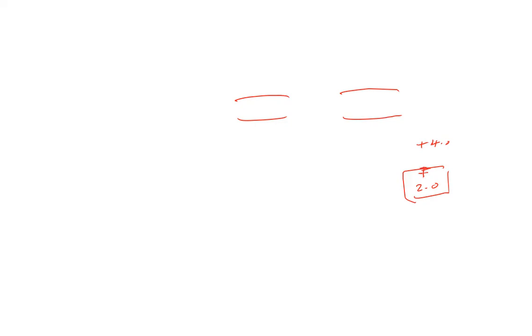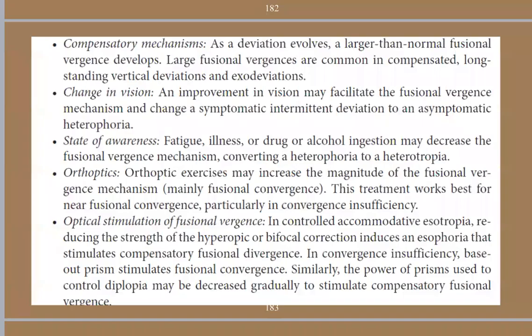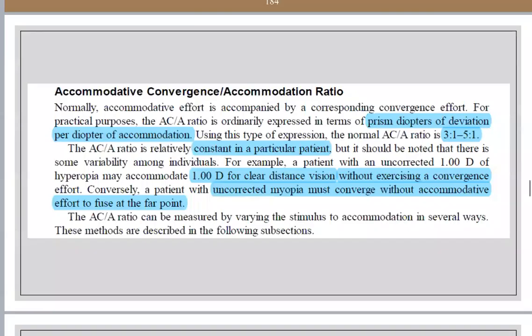This will induce some convergence for this patient, because this patient will accommodate in order to see, and this convergence will induce the fusional divergence power. So this will be exercising, this will be increasing the fusional divergence power. So this is important in patients. But I don't say that if you have cycloplegic refraction for a patient with accommodative isotropia of +4, you must give +4 at first.